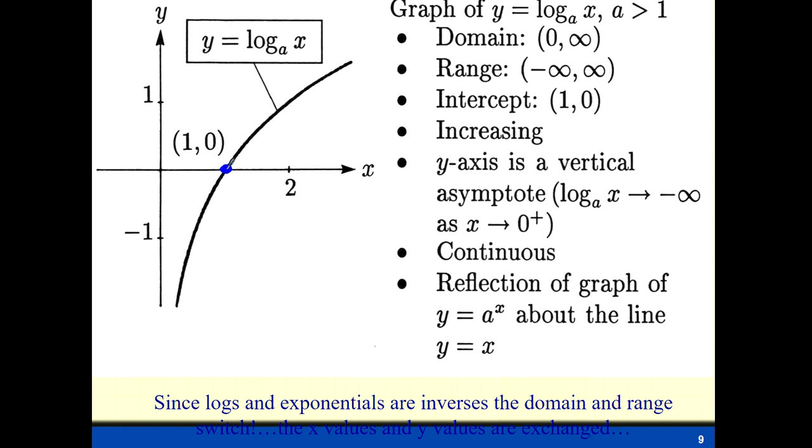And just like the point we had in the exponential, 1 and then a, in the logarithm we're going to have whatever a is, 1, because remember, they switch. And that's one of our identities: log base a of a is 1. That's one of our identities for the logarithms. So that just goes to show this coordinate a, 1.